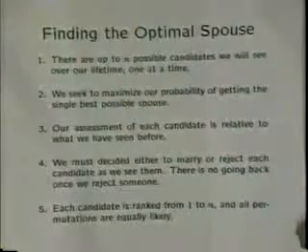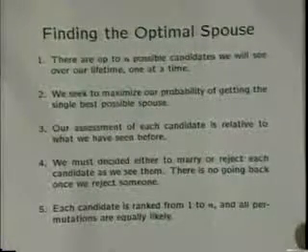So what is the problem here? In the course of our lifetime, we are going to meet n people, one by one. We're going to try to come up with a strategy that will enable us to say, you are the best one I'm likely to see, at the time that you meet them. And we want to try to maximize the chances of getting the best possible spouse.